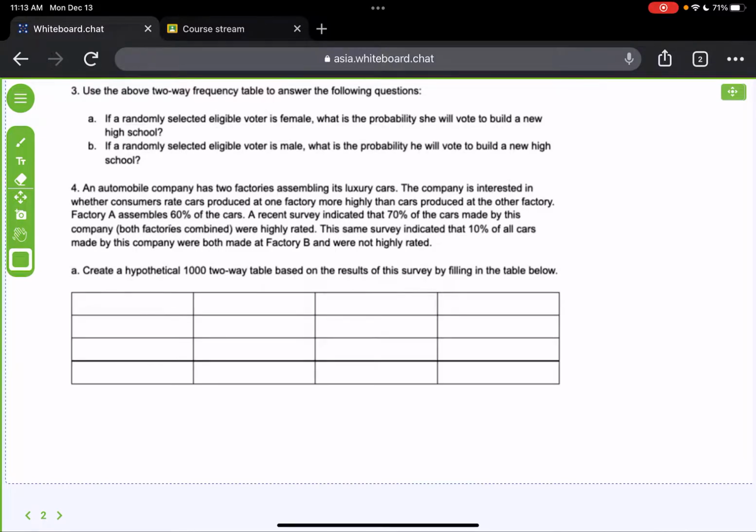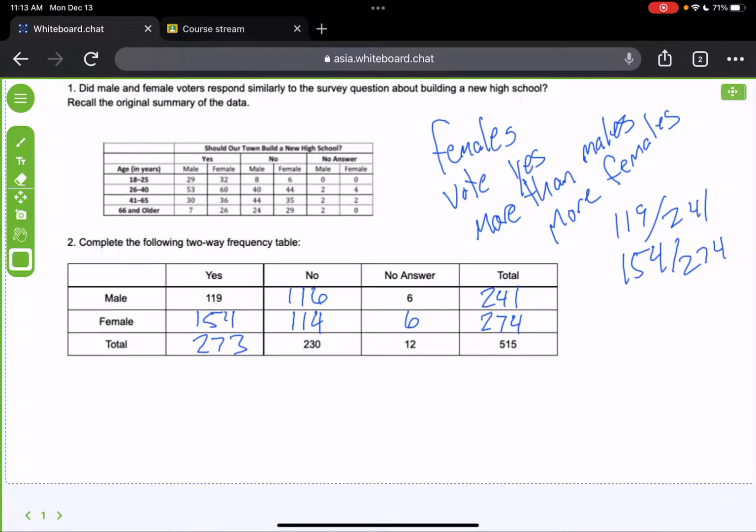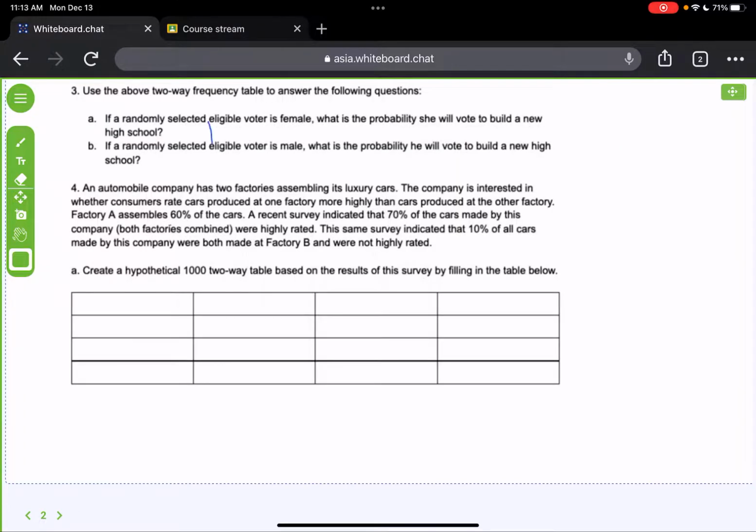All right, page 2, number 3 says, use the above two-way frequency table to answer the following questions. If a randomly selected voter is female, what is the probability she will vote to build a new high school? So that was the 154 out of 274, and we just did that. 154 out of 274 was equal to about 56 hundredths.